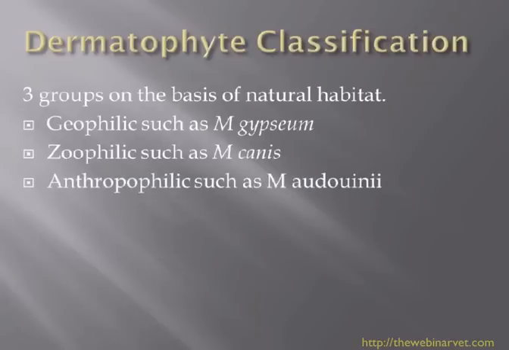And then we have anthropophilic dermatophytes such as Microsporum audouinii, which is a human dermatophyte and tends to just stick around in human skin. Obviously, Microsporum canis, as you know, is zoonotic, so that can jump species as well.